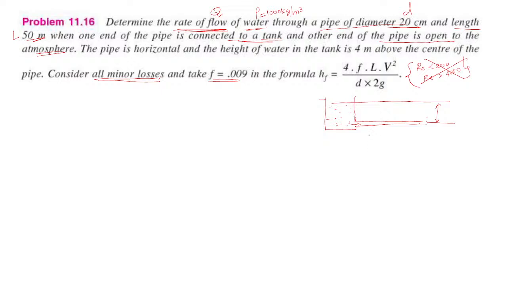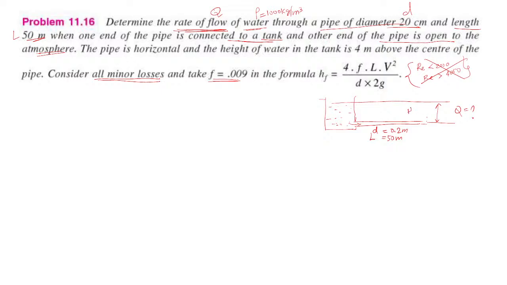And this length is given, length is 50 meter, D is around 20 centimeters, which is around 0.2 meter. If somewhere I go wrong, please drop it in the chat box. They have asked what should be the value of Q, and the pipe end is at the atmosphere.